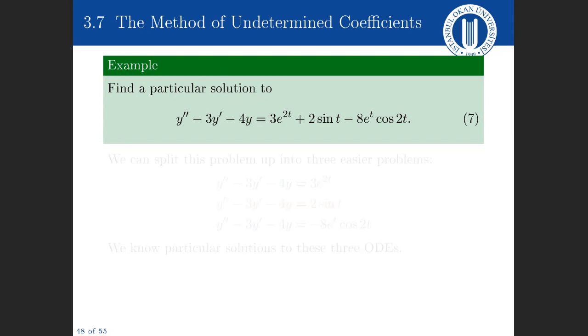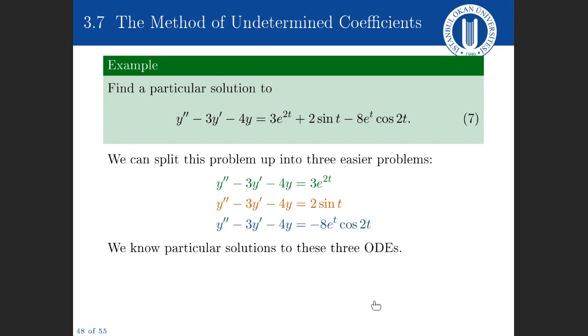We've done the work already because we can split this problem up into 3 easier problems. Instead of doing this all together, we can look at the 3 functions on the right side separately.